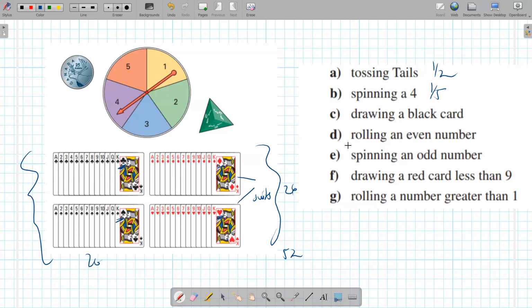Try once more. It's going to reduce once more. 26 is divisible by 13. 1 over 2. Yep. So you can draw a black card half the time, or you're expected to draw a black card half the time.